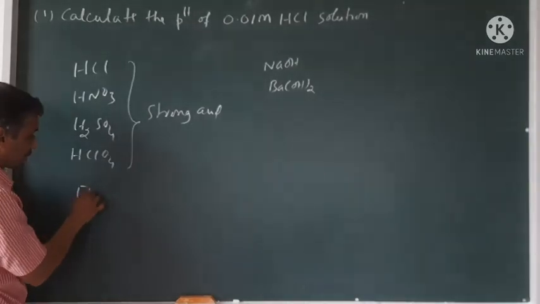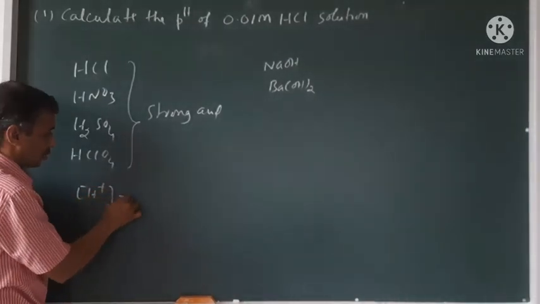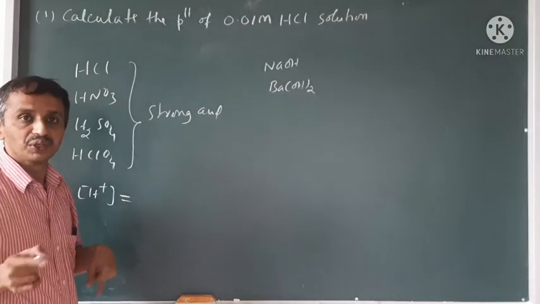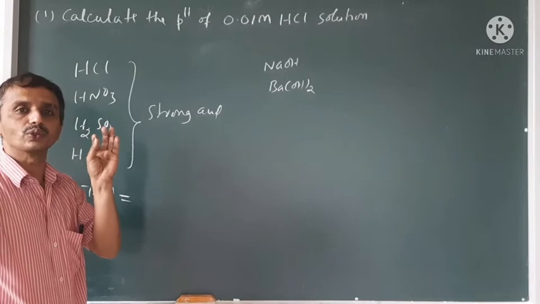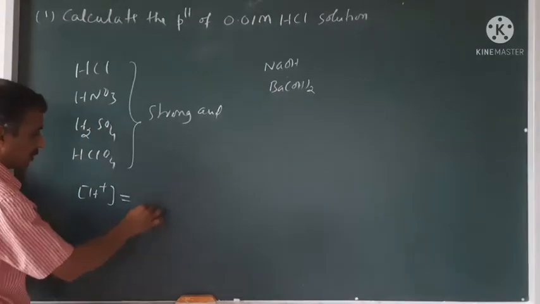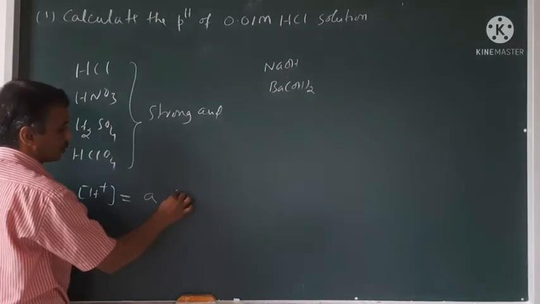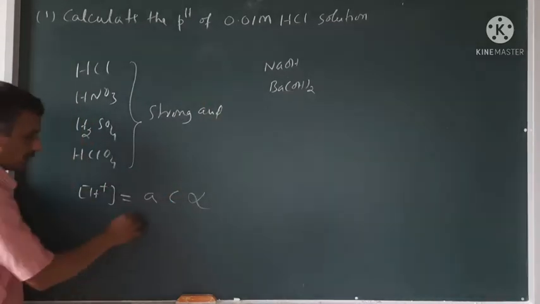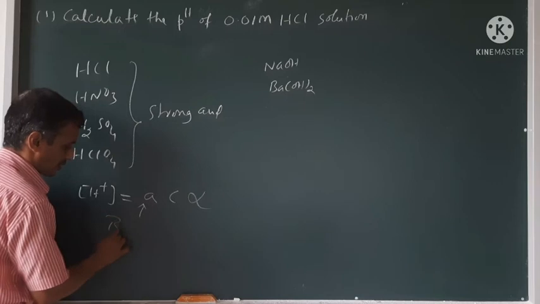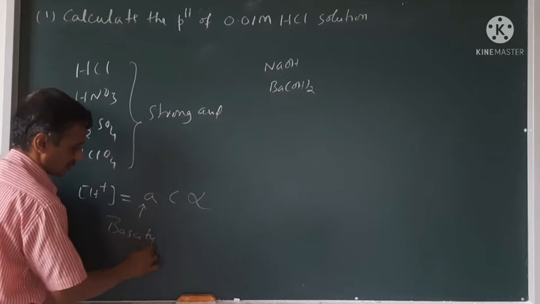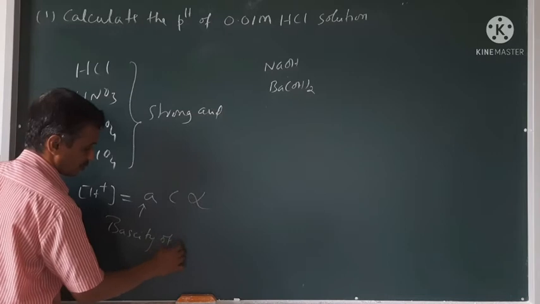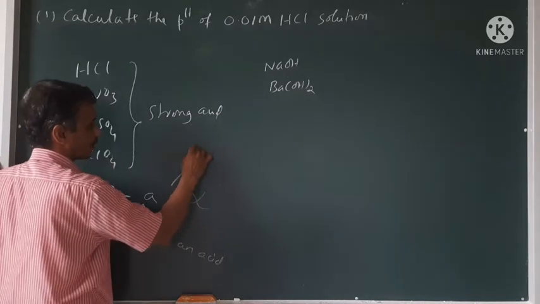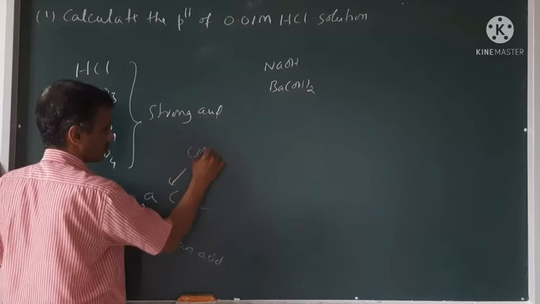See, H plus ion concentration is given by a formula. And remember, if the concentration of the solution is given in molarity, it is A into C into alpha. A is the basicity of the acid. C is the concentration of the solution.